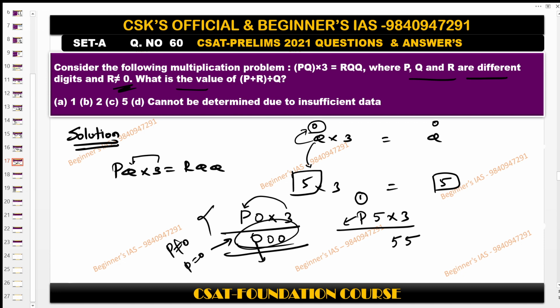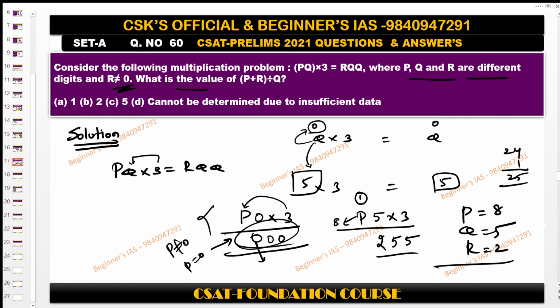When P is equal to 8, then you get 24, and 1 carries here, therefore 25 will come. So for 255, you now know the value of P is 8, Q is 5, R is 2. If you multiply PQ, that is 85 into 3, obviously you get 255. This is the case.